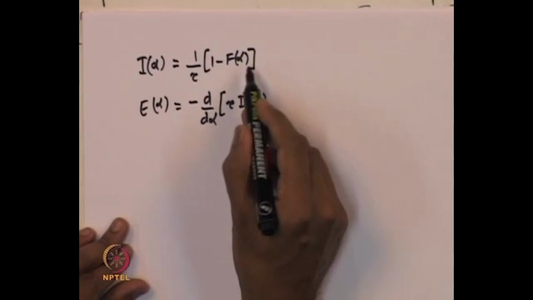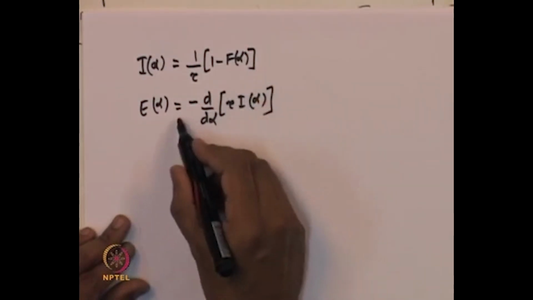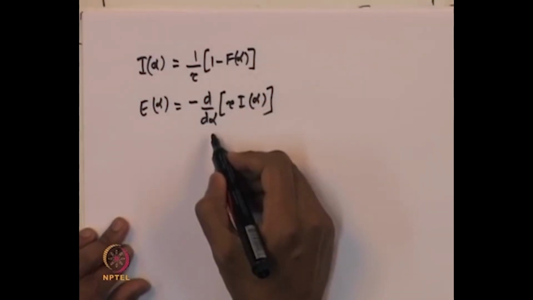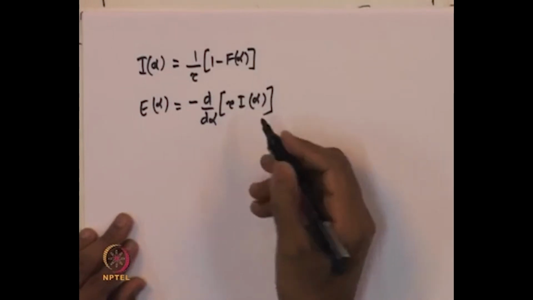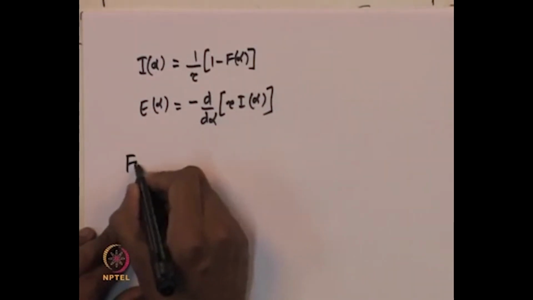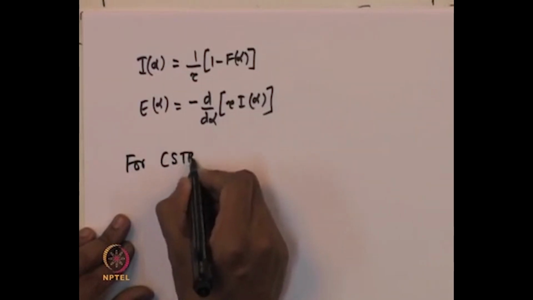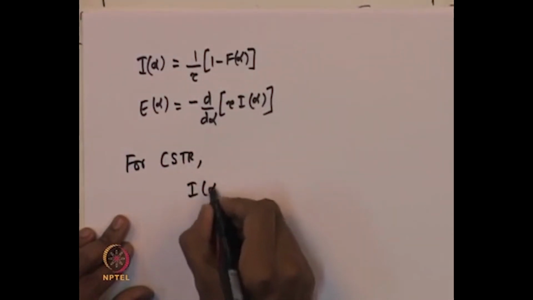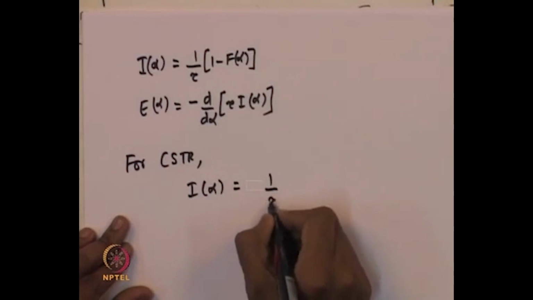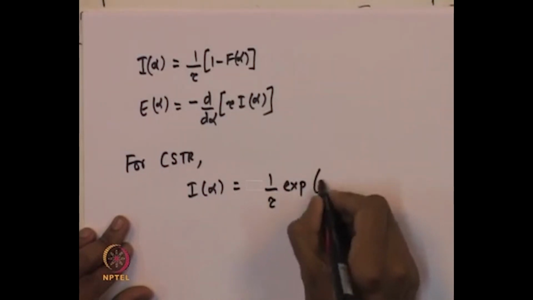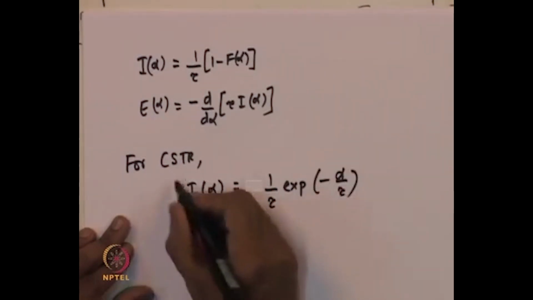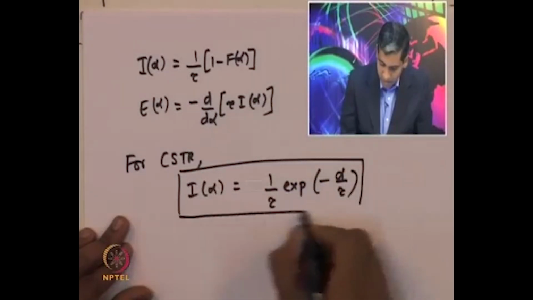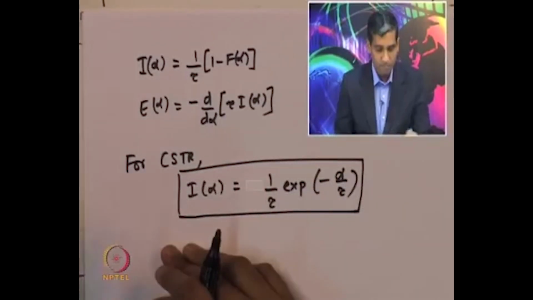So, the relationship between the E curve and the I curve is E of alpha equals minus d by d alpha of tau into I alpha. Now, for an ideal CSTR, I alpha is given by 1 by tau into exponential of minus alpha by tau. So, that is the internal age distribution for a CSTR.